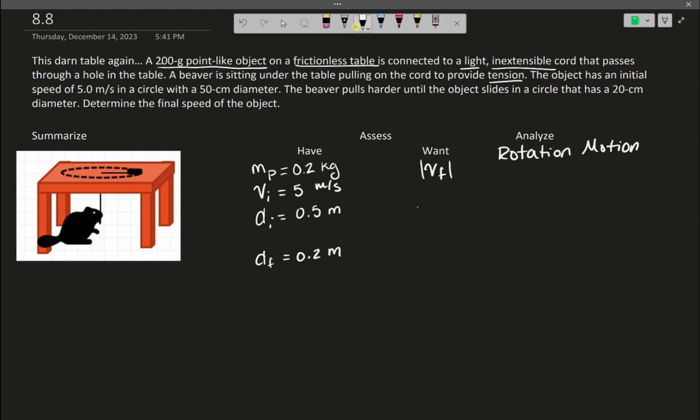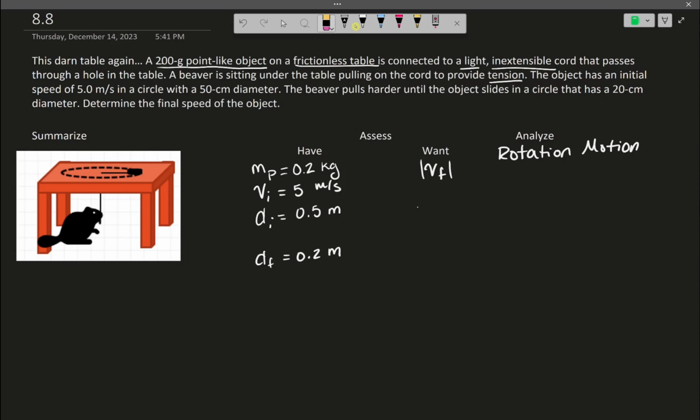And the reason that I think about the conservation of angular momentum is because whenever we think about the ice skater, the ice skater has their arms out, they are spinning with a certain velocity, and when they bring their arms in, they spin faster. So if I have no friction on this table, nothing to slow this point-like object down, if I change the diameter of the circle, I'm going to be adjusting the speed.